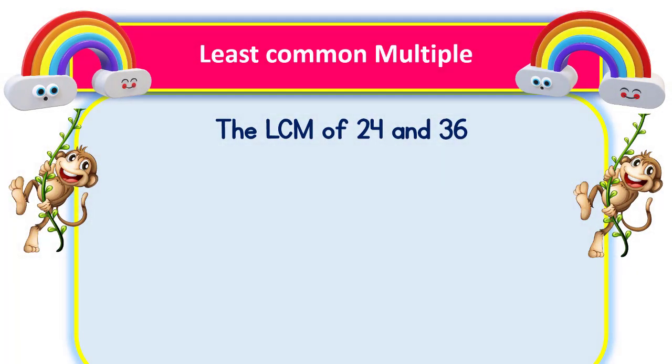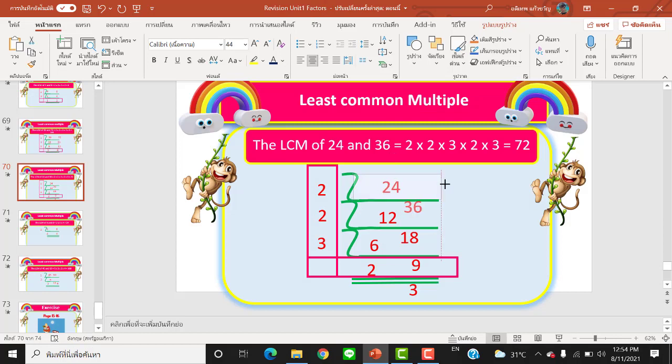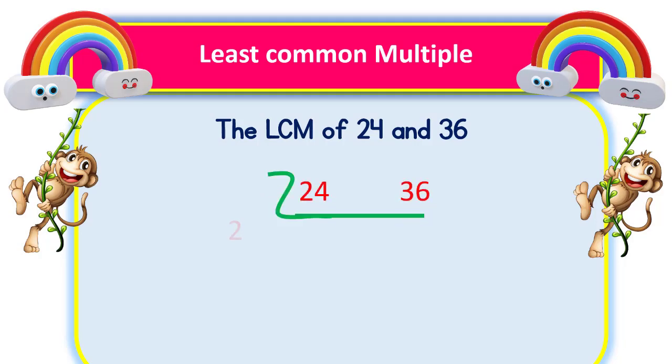The least common multiple of 24 and 36. 24 divided by 2 is 12 and 36 divided by 2 is 18.